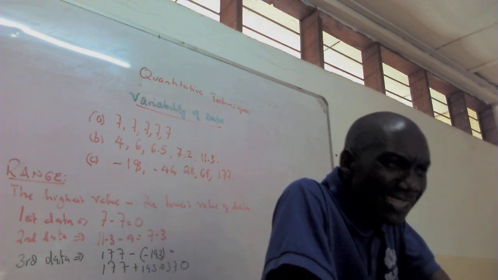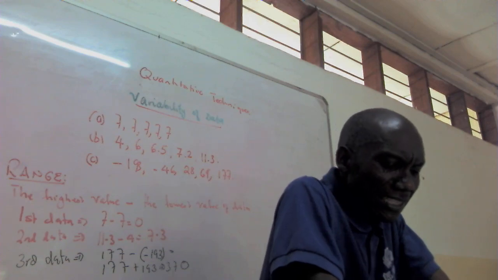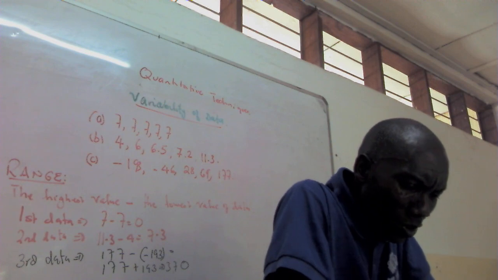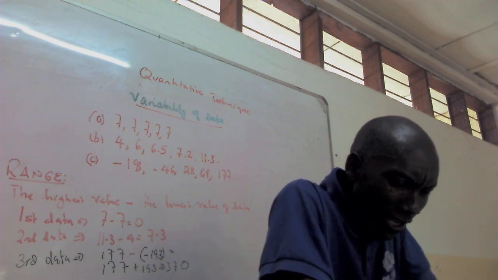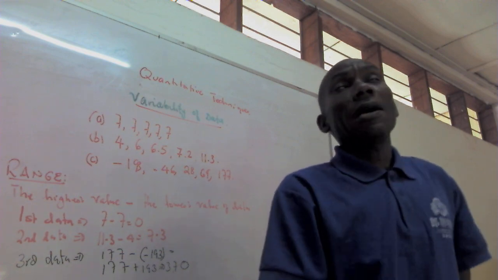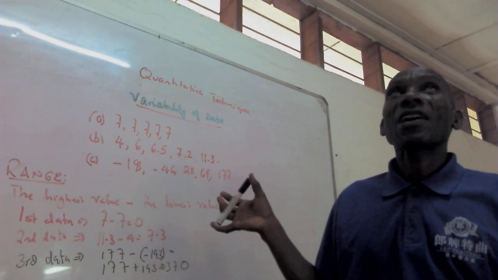So you can easily notice that even though we have got those ranges, they are giving us nothing. They are only based on a particular observation within that data. They do nothing unless maybe you do the percentiles or the other quantiles.